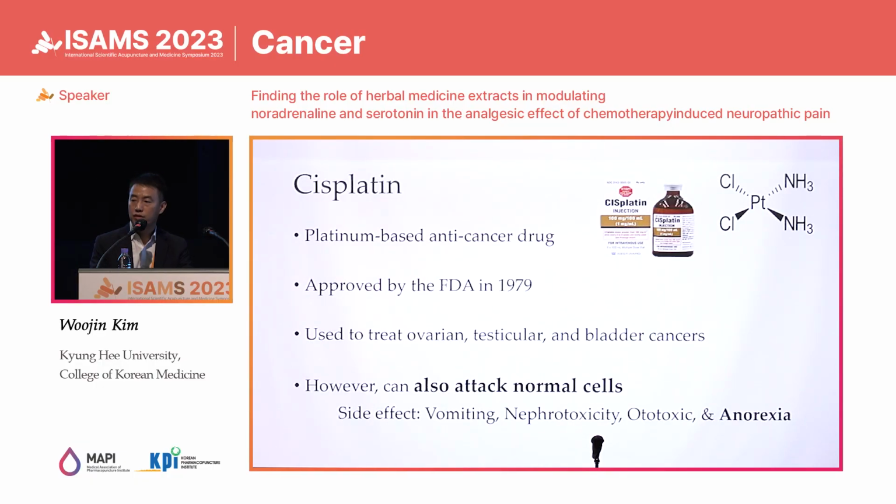For chemotherapy-induced anorexia, cisplatin is the chemotherapeutic drug which induces anorexia. Cisplatin is a well-known platinum-based drug, I think you all know, and it also has side effects as every other chemotherapeutic drug. It can induce vomiting, nephrotoxicity, and anorexia, but cisplatin does not really induce neuropathic pain.